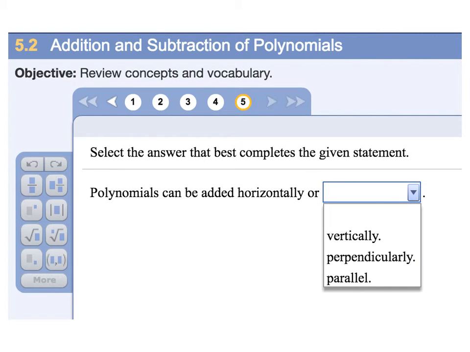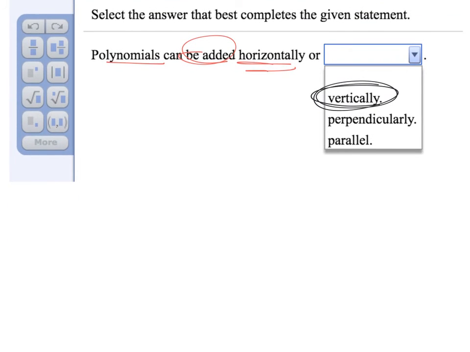All right, and this one is kind of a cheesy question. Polynomials can be added horizontally or, now the answer is vertically. But what is that supposed to teach you? Well, basically if you have a polynomial, let's say it's 5m to the 2nd plus 5m to the 2nd plus 3m to the 4th.